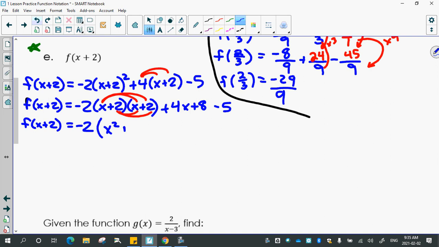And that gives me positive 2x. And then I'm going to do positive 2 times x. And that gives me positive 2x again. And then I'm going to do positive 2 times positive 2. Positive 4. Close my bracket. So all I did there was the exponent, but I had to multiply x plus 2 by itself. And then I've still got the plus 4x plus 8 minus 5. Okay?